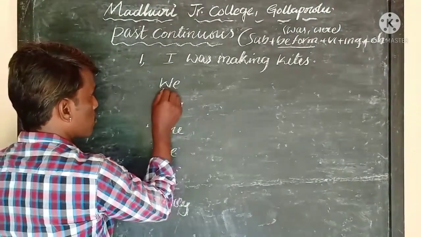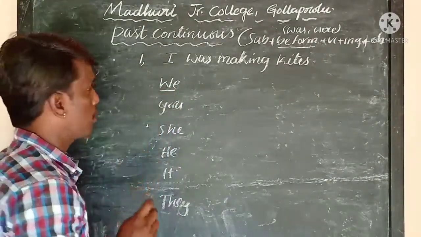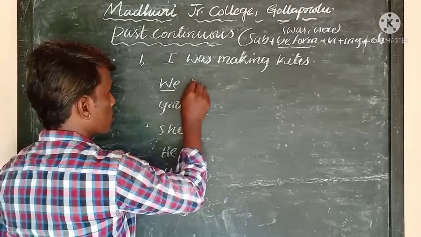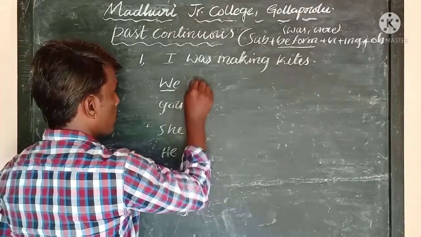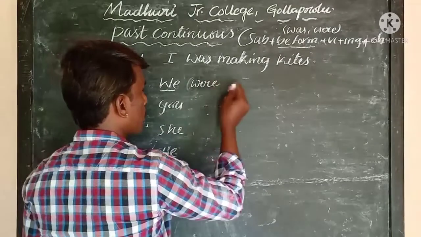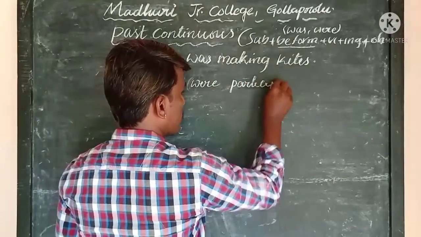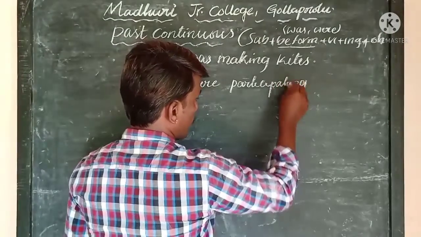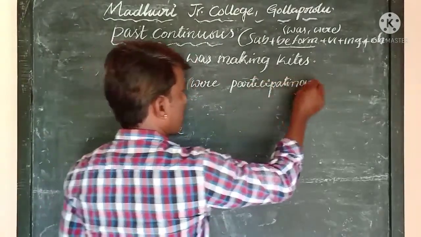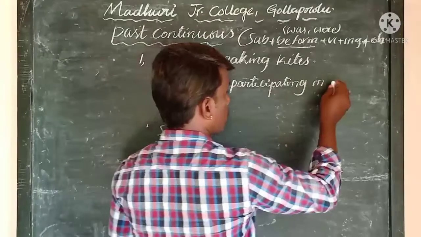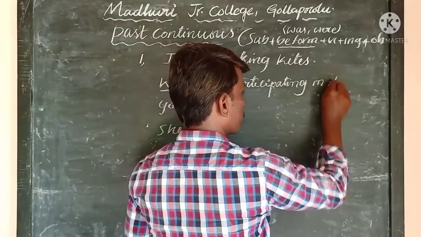Coming to we, as we is a plural pronoun, therefore we should use were. So here: we were participating in the competition or in the game.